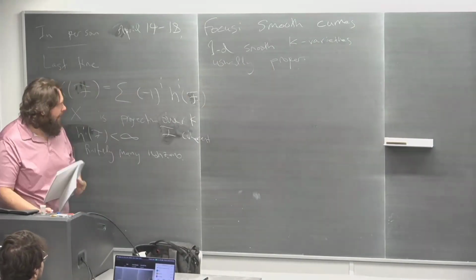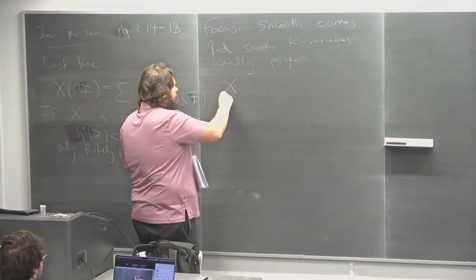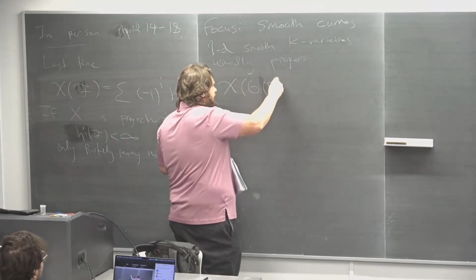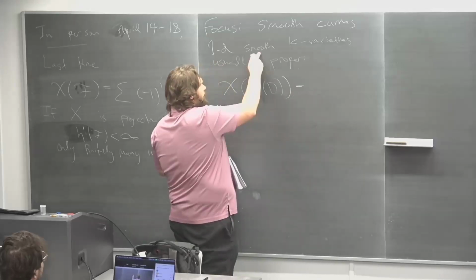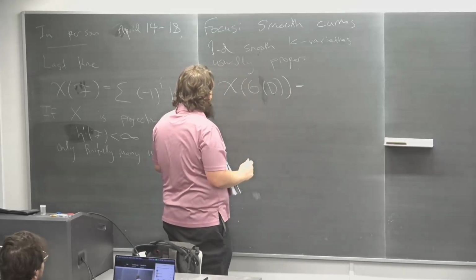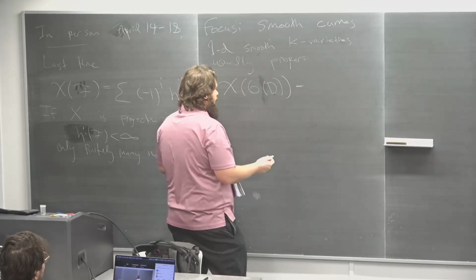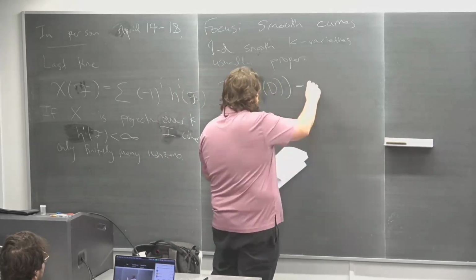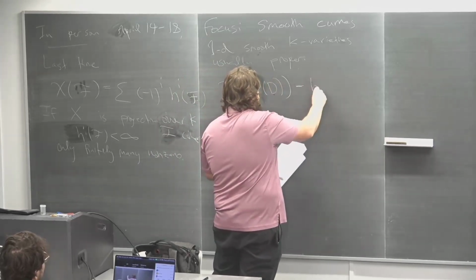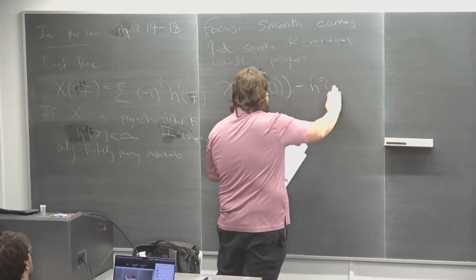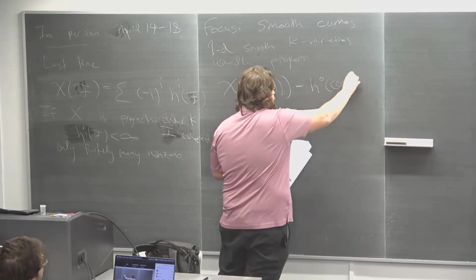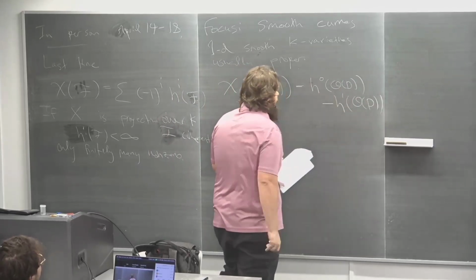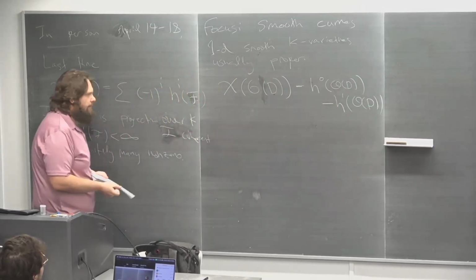In this case, this chi is something very simple. If I look at chi of O(D), one of the nice things about being a curve is that a divisor just means a finite number of points with some coefficients. The sum of those coefficients is the degree. And since there's only non-zero cohomology in two degrees, this is just the difference of the dimensions of H^0 and H^1.